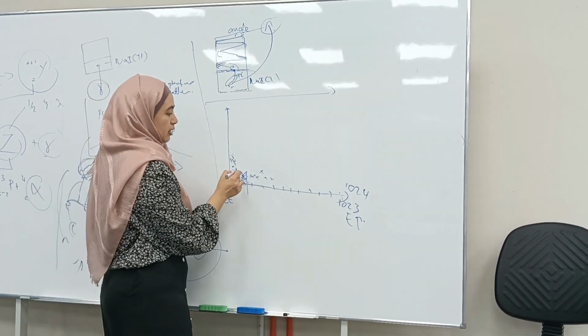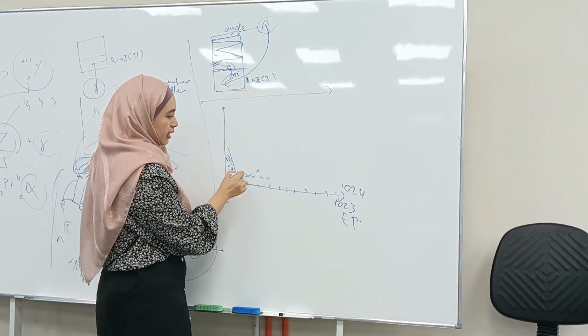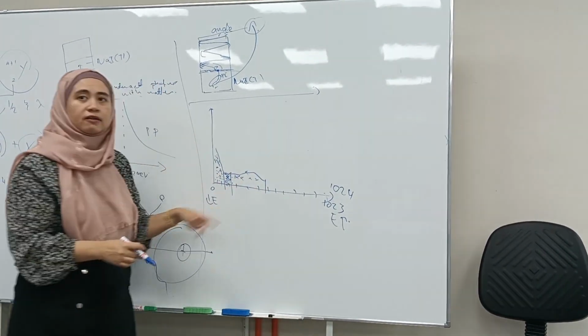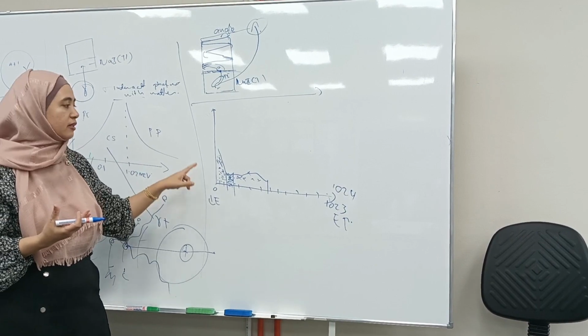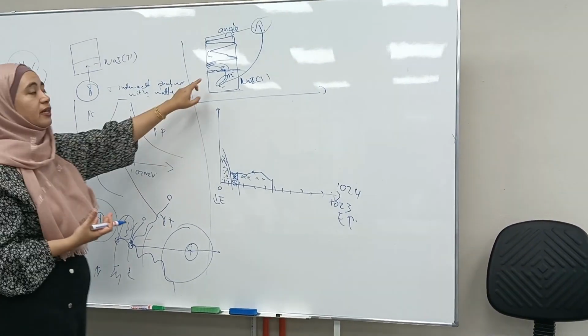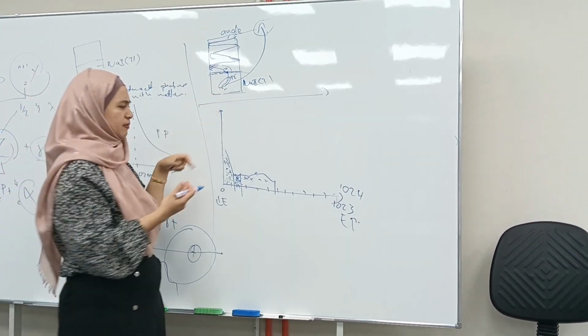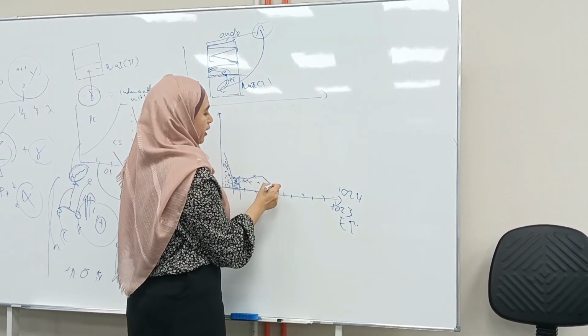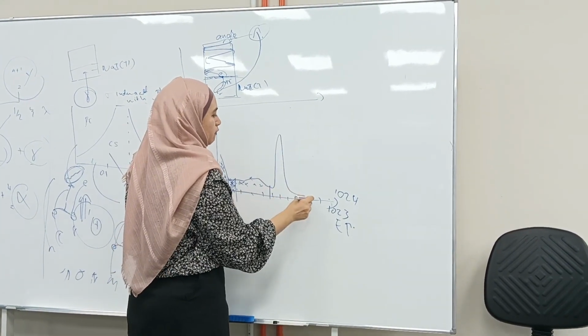Now here you have background radiation and you have the Compton continuum. The area under the curve constitutes the number of interactions that occur due to Compton scattering with the detector crystal. And you have, of course, the photoelectric peak.